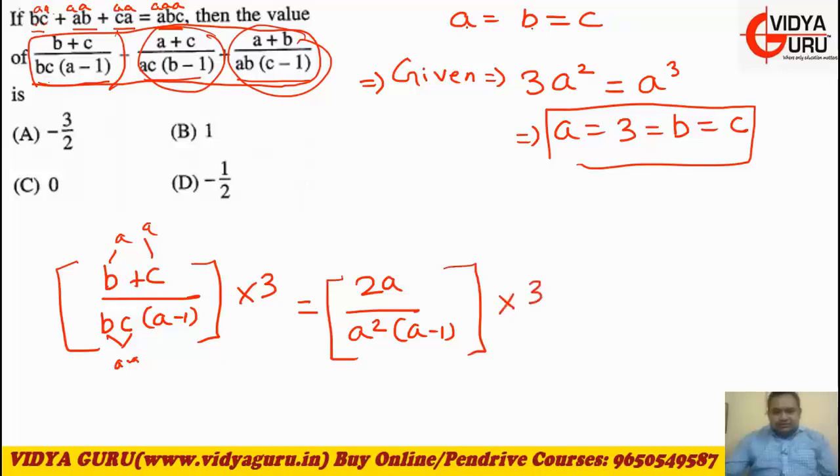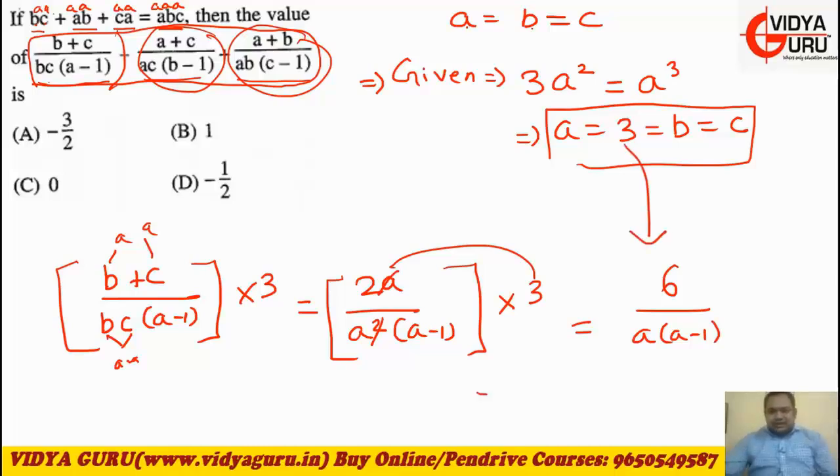This is what you have been asked to find. This A and this A will cancel. So you would say that you have been asked to find 6 by A into A minus 1. So now substitute the value of A here. So 6 divided by 3 into 3 minus 1 is 2. So 6 by 6, answer is 1.